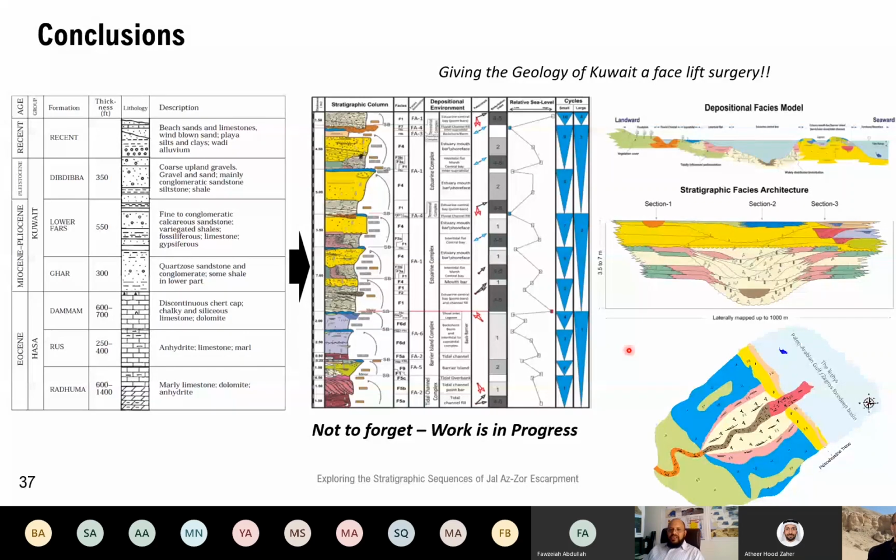And the hunt is on. We are still trying to study different aspects of the Jal Az-Zor, and we look forward to your work and your contribution to the geology of Kuwait.